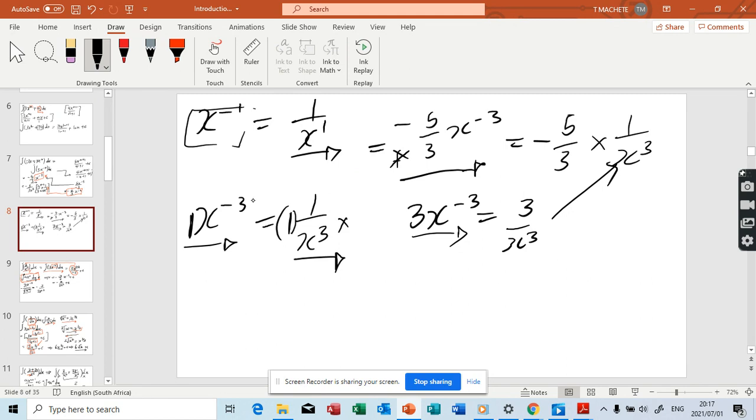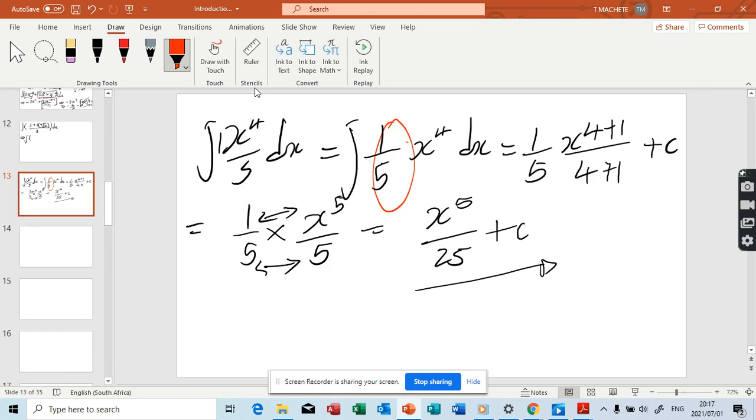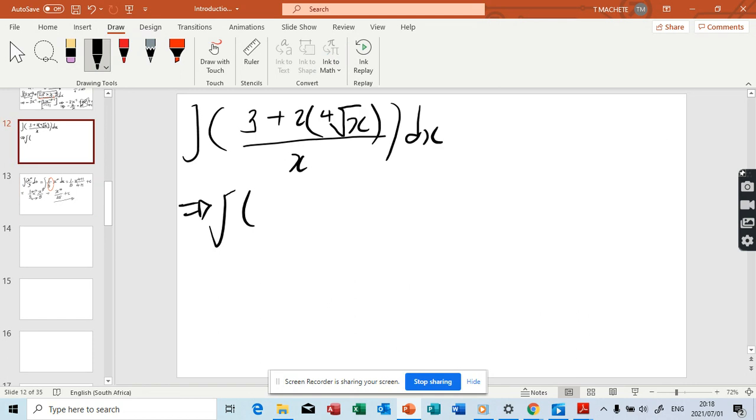The only difference is that in this case, you're multiplying by x. You're not multiplying by a number. But if you're multiplying by a number, you multiply by that number. So I hope that makes sense, guys. Sharp, not a problem.